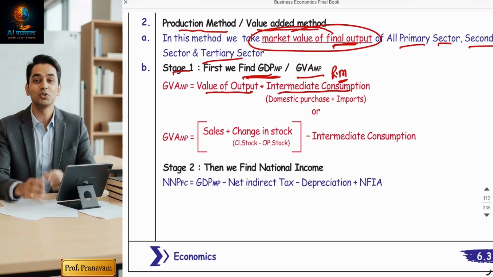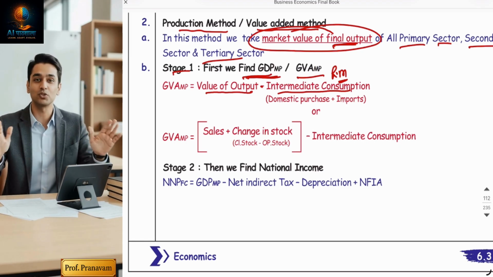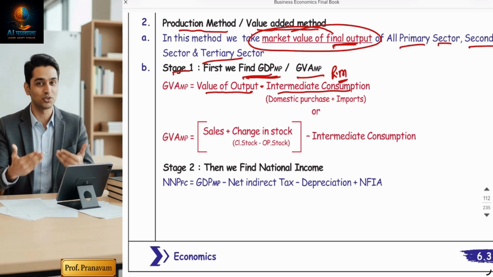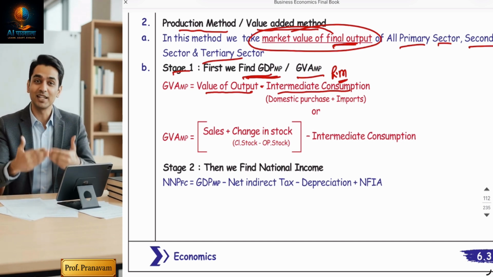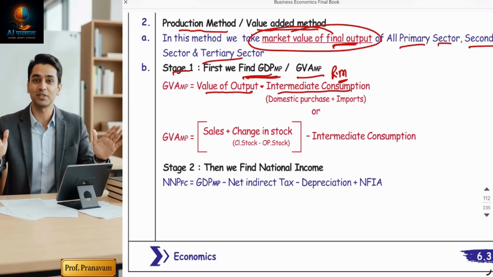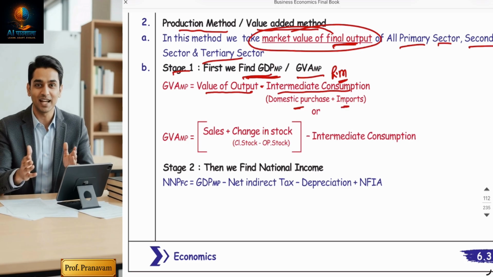Once raw material is used, it becomes finished goods. So to avoid double counting, from the finished goods value we always reduce the value of raw material, that is intermediate consumption. Raw material can be purchased from India as well as imported.